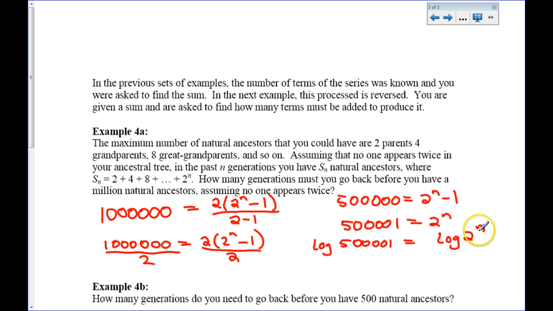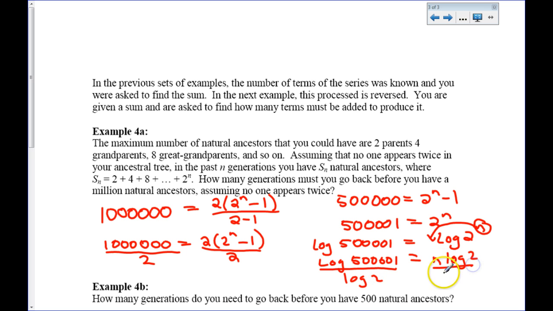This little n on the top, with the rules of log, will move to the front of the log. So that's the same thing as saying n log 2. So you're going to type in log of 500,001 divided by log 2. And then that's your value.